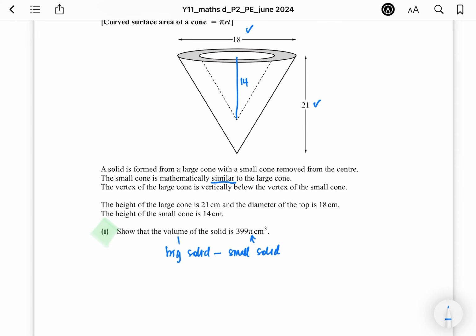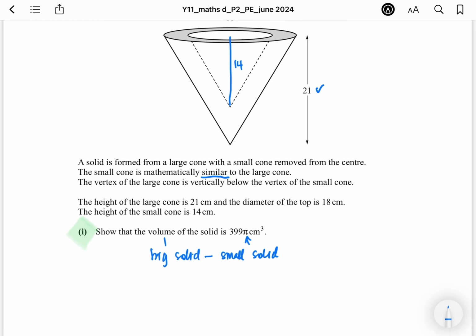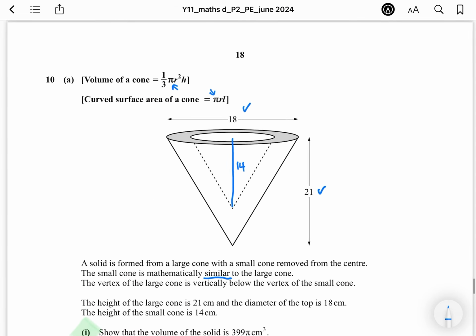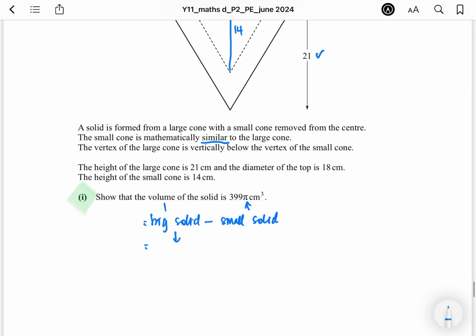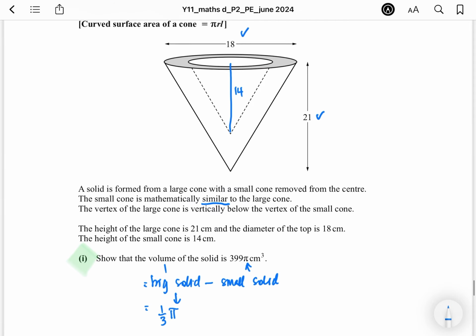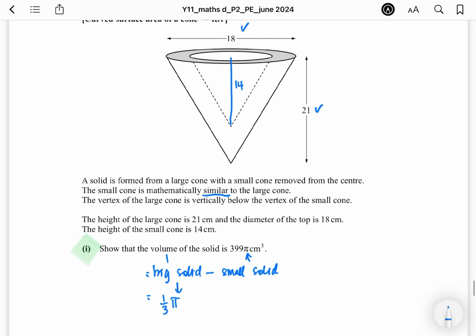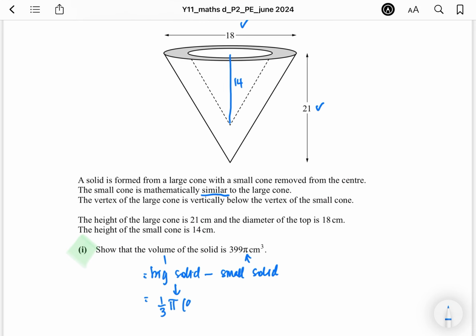So the volume of the bigger solid is 1/3 pi r squared h. So 1/3 pi, the bigger solid radius would be 9 squared times the height, which is 21, minus the small solid, same formula.